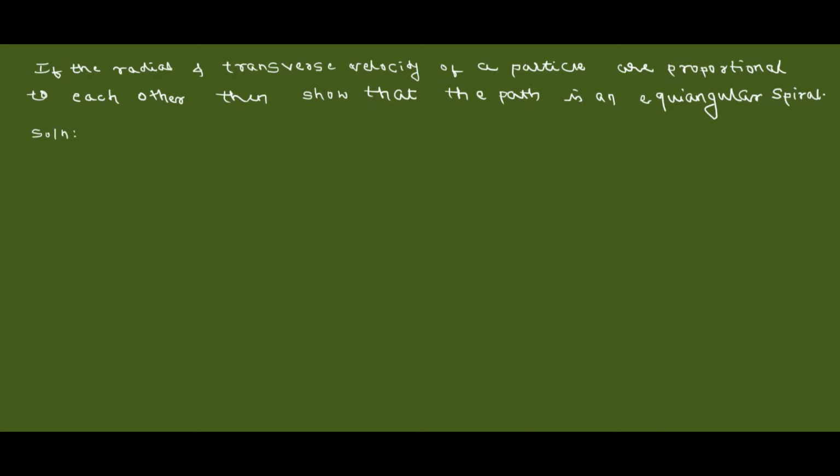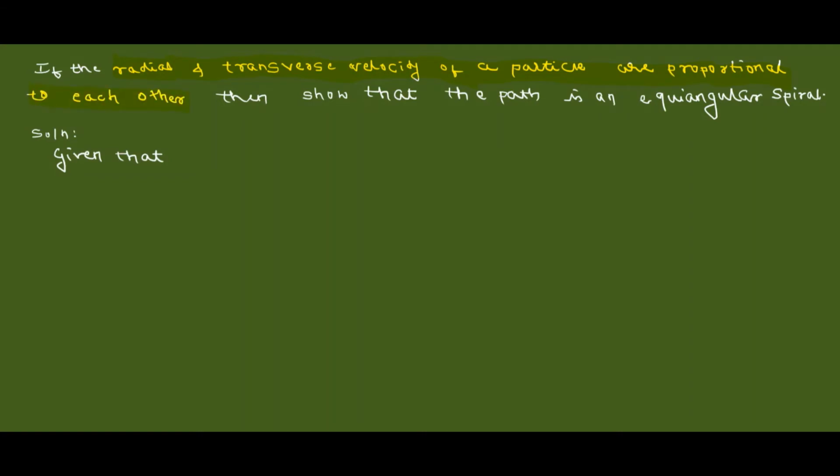Given that, what is the given term? Radial velocity and transverse velocity of a particle are proportional to each other.